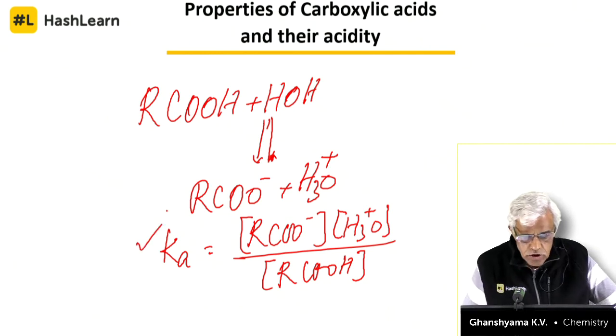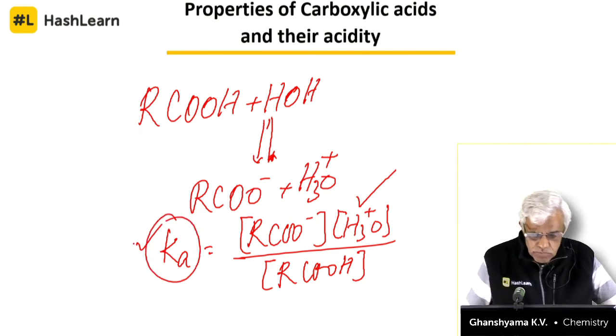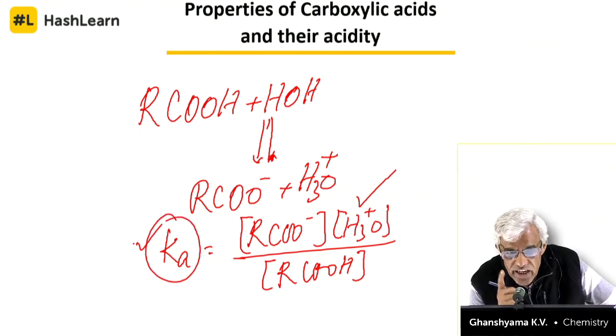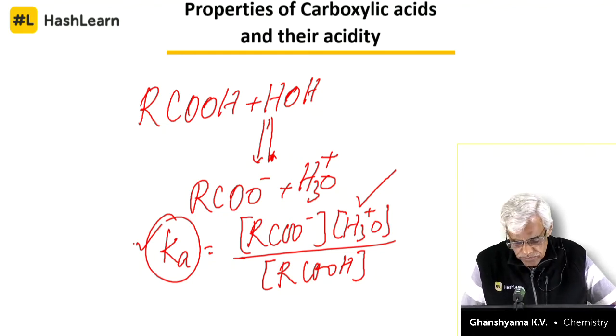Ka is called the dissociation constant of an acid. If the H3O plus concentration is more and more, Ka is more and more. Therefore, Ka is directly proportional to the strength of the acid.